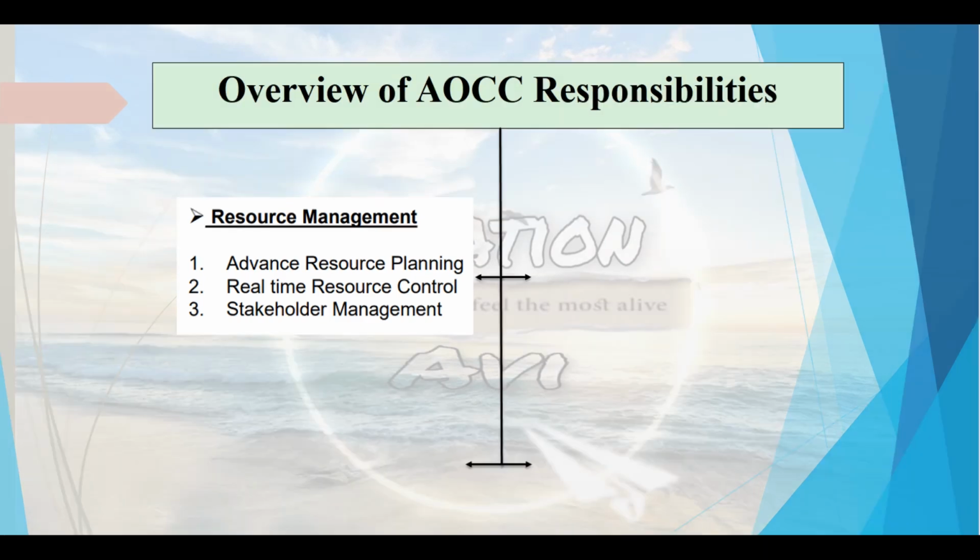It also carries out real-time resource control, because sometimes due to delay in operations, a planned resource may not be available. So it is AOCC that makes the real-time changes regarding the resources. And it is also this department that manages all the stakeholders and ensures that any change in resource allocation is well intimated to all the stakeholders involved.